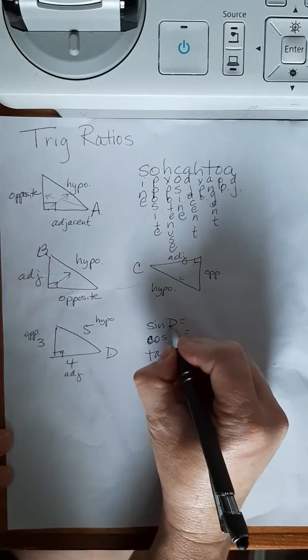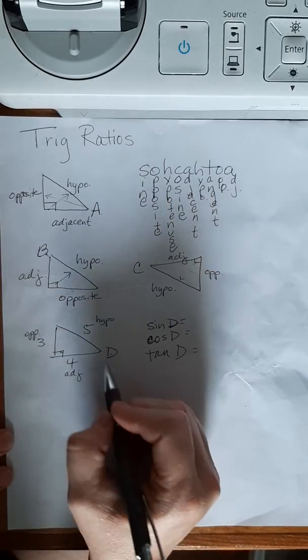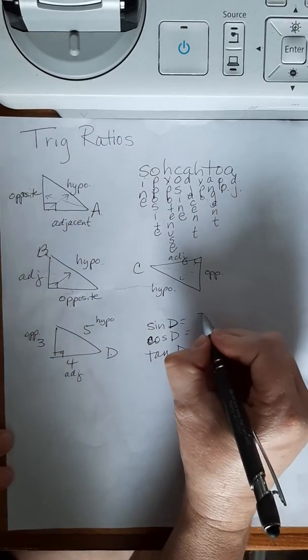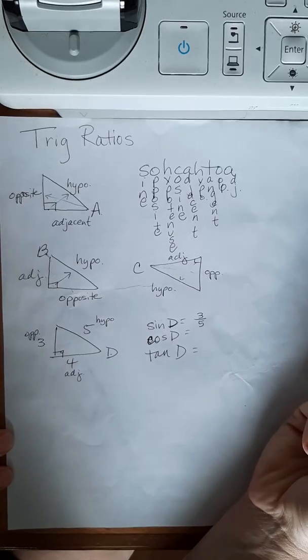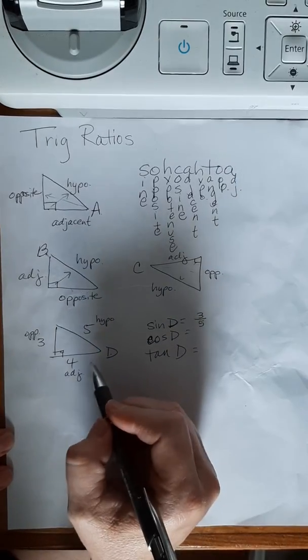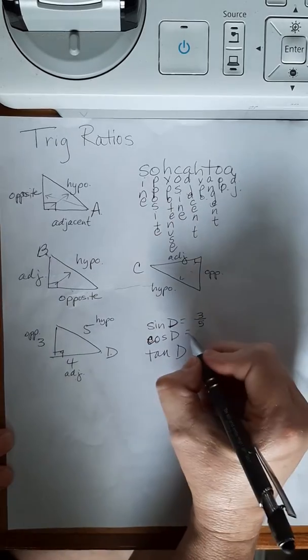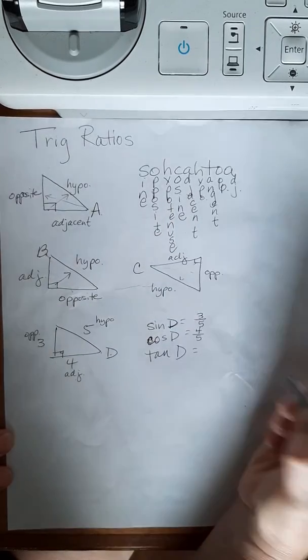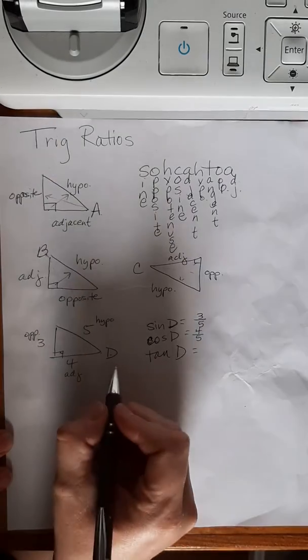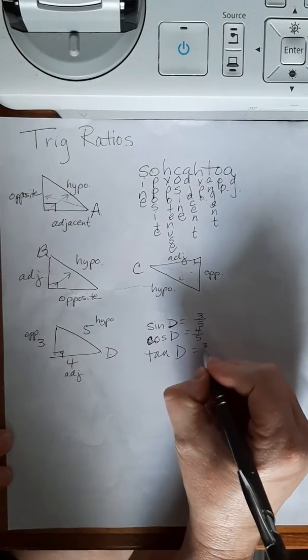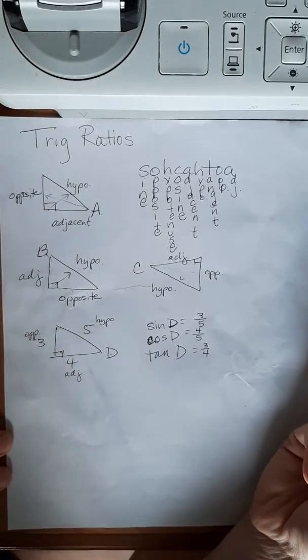So if I want sine, sine by definition is opposite over hypotenuse. So 3 over 5. Cosine, adjacent over hypotenuse, 4 over 5. Tangent, opposite over adjacent, 3 over 4.